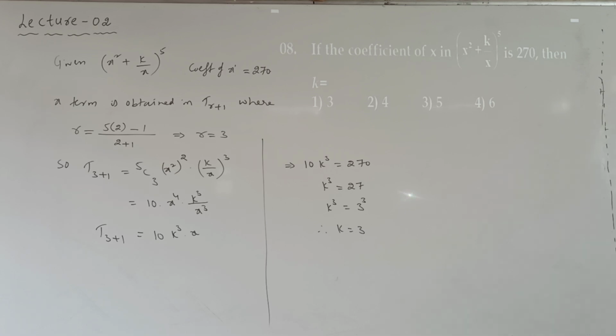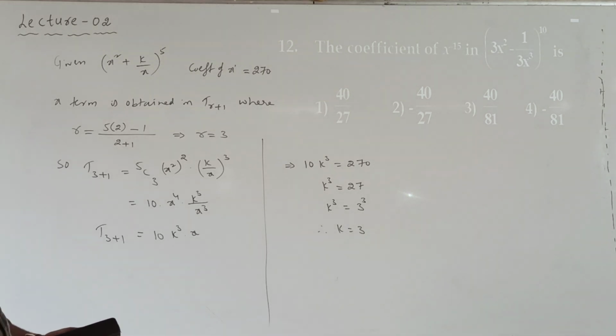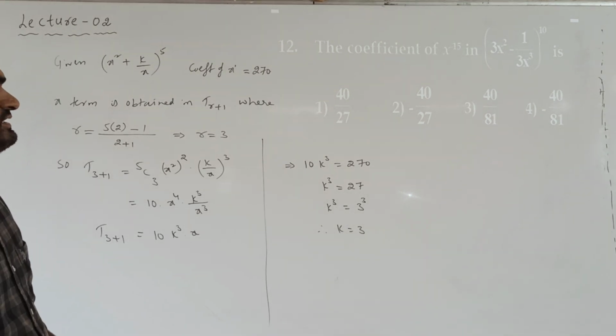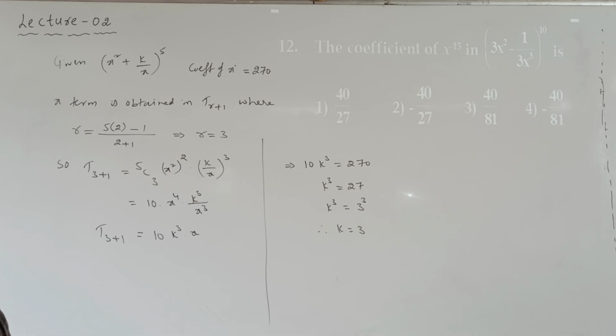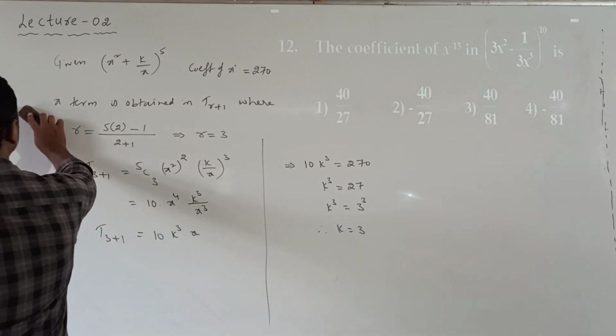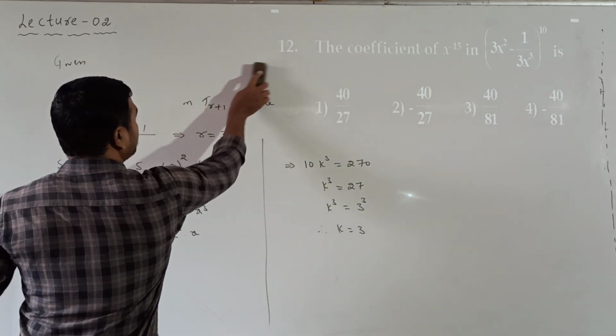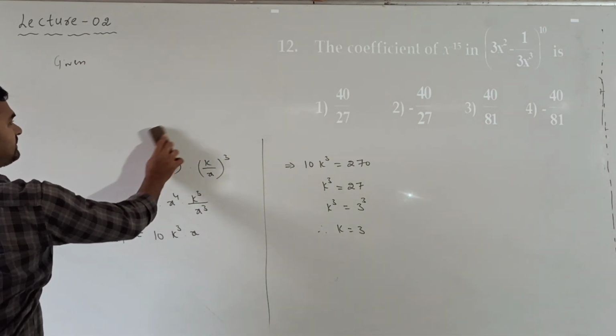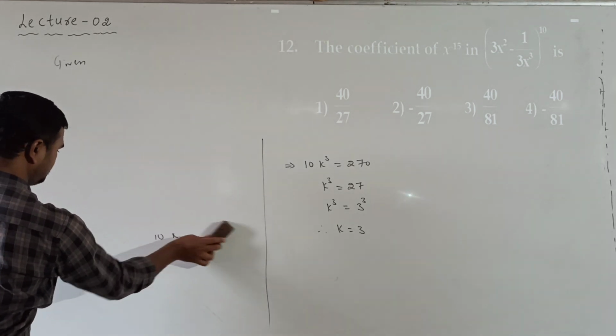Let us see the next problem. The coefficient of x power minus 15 in the expansion (3x square minus 1 by 3x cube) whole power 10 is. Again, in the given expansion we need the coefficient of x power minus 15.